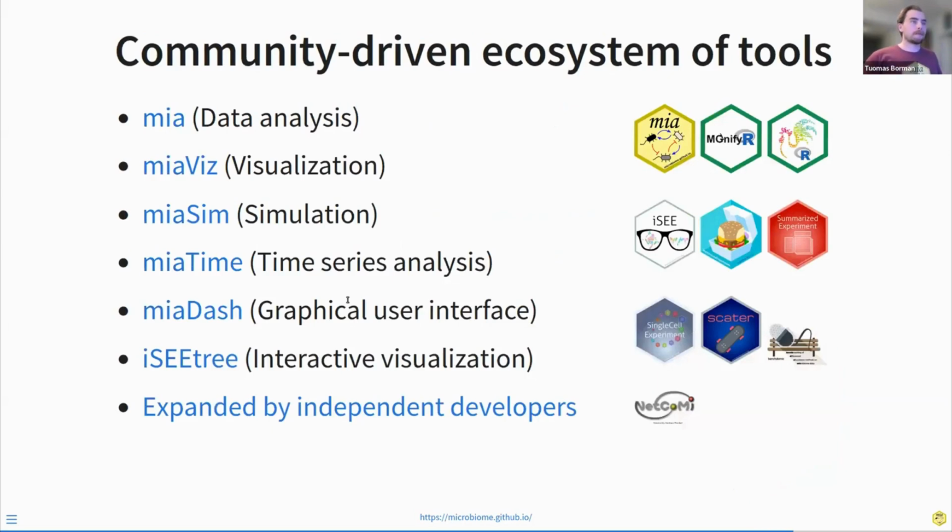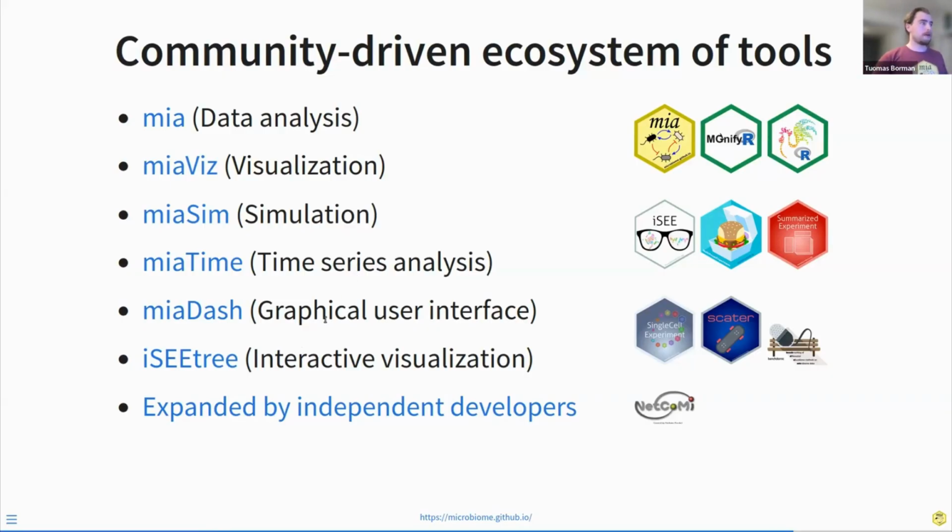And of course, we have not done everything. This is community driven. Here is just a list of those packages. There's one for common visualization for microbiome stuff, we have miaViz, and then there's simulation stuff, time series stuff also.